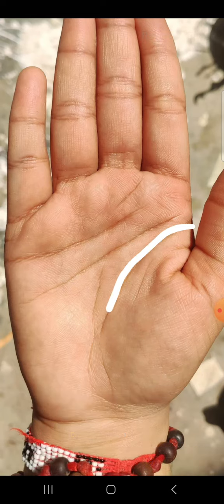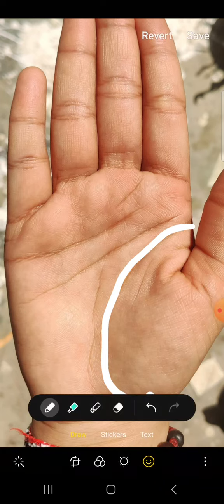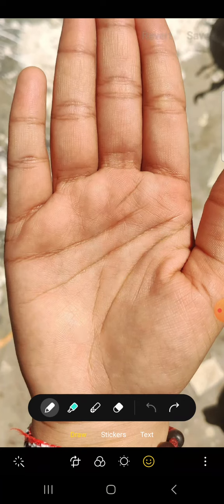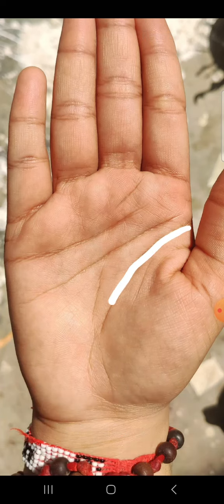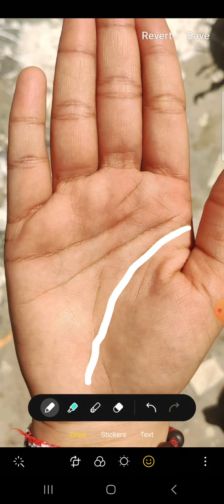A lifeline that wraps around the thumb generally shows someone who lives and dies in their native land, and a lifeline that reaches away is someone who will die not in their native land, often someone who moves a long distance and starts a life elsewhere.